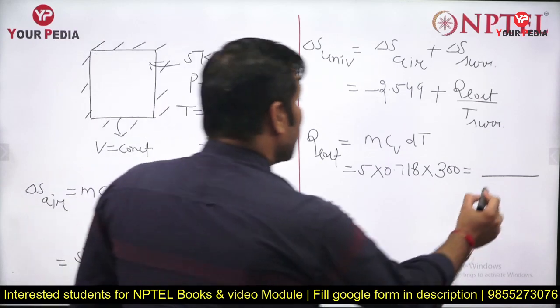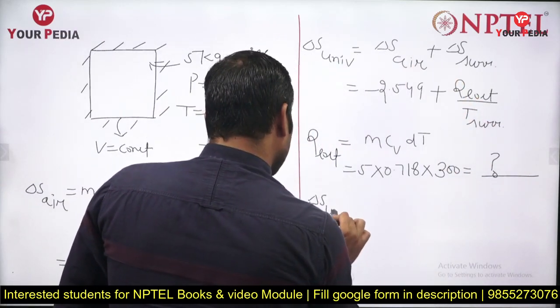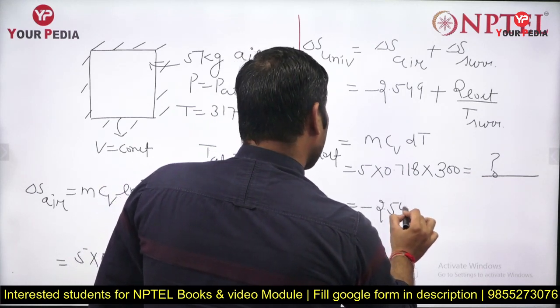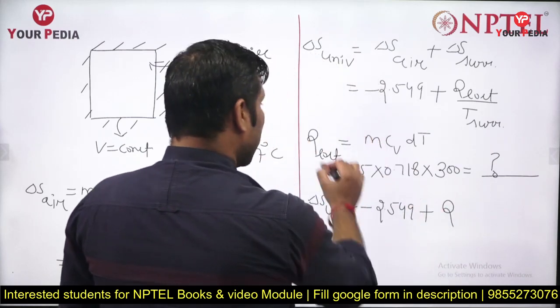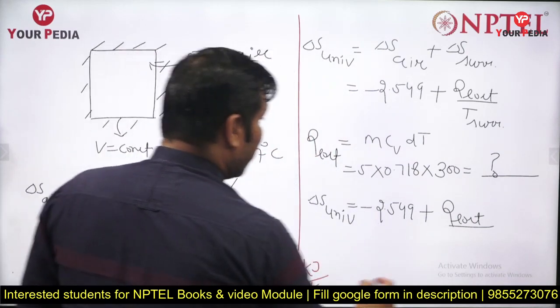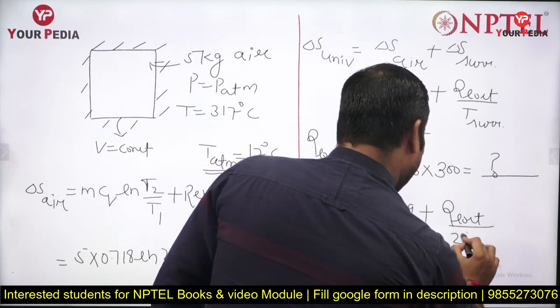Fine. So now if you put all these values in this equation, you will get entropy change of universe equal to minus 2.549 plus this value Q, which you get from this equation, Q lost, divided by the surrounding temperature, which is 17 degrees Celsius. This is the surrounding or atmospheric temperature, 290.